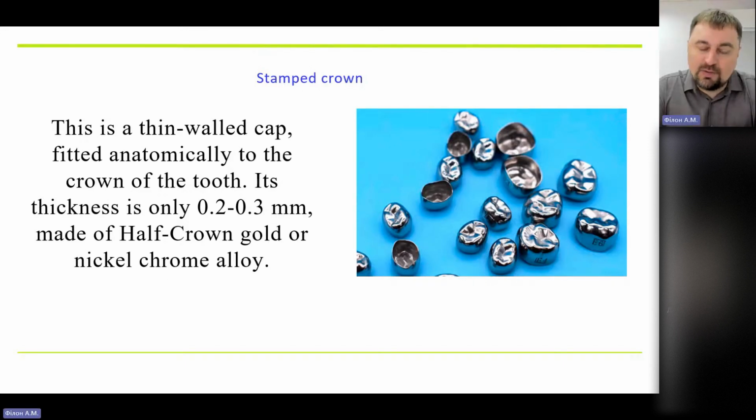So I recommend you not use such a method with stamped crowns nowadays, because nowadays we have a lot of good prosthetic techniques, like zirconium crowns, Emax crowns, porcelain crowns, and even metal ceramic crowns. Okay, but to know the history, you have to know about such crowns, such a method.